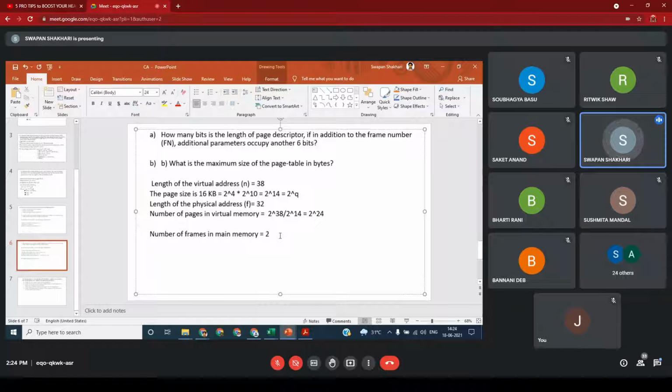So how will we calculate? In physical memory we have 2 to the power 32. Divide by what we calculated, 2 to the power 24.